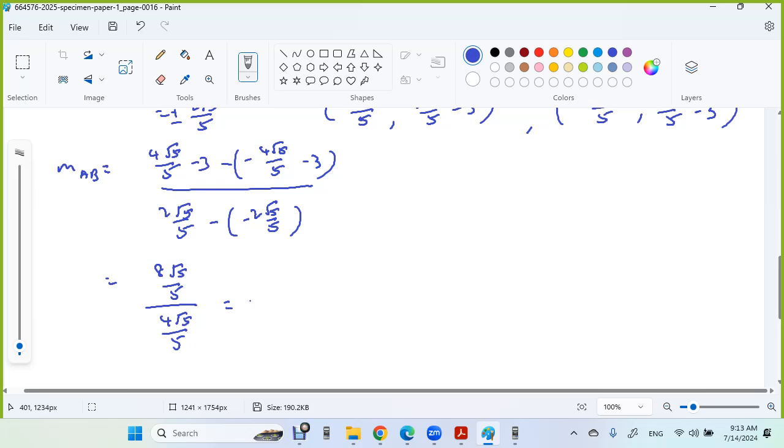So this will be 2. And then the gradient of the perpendicular bisector will be negative 1 over 2.